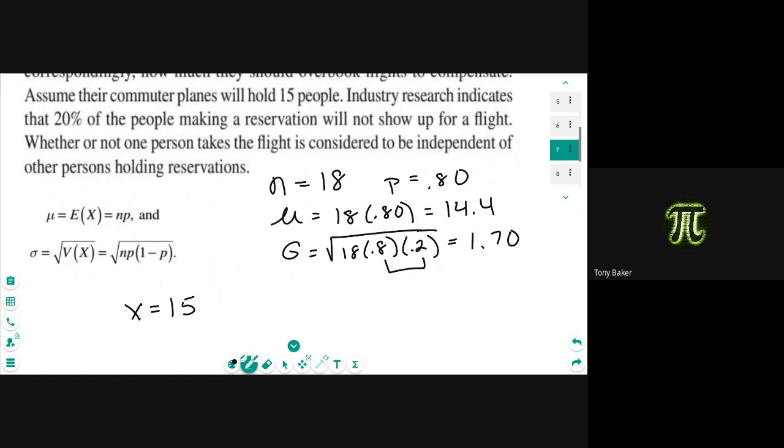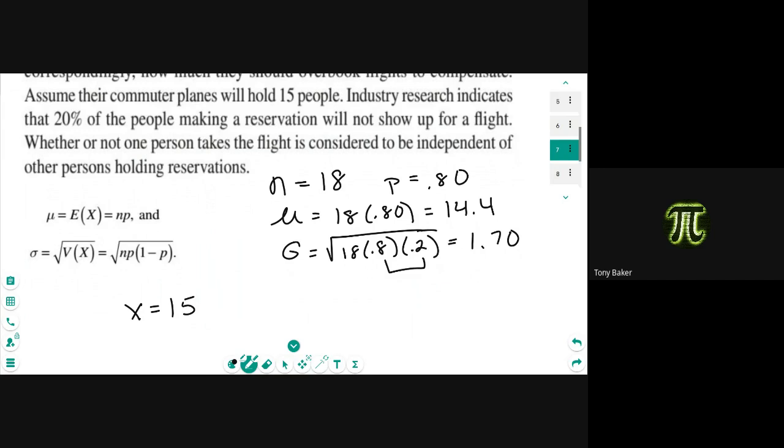So to be able to use this method, we have to apply a continuity correction. So instead of doing it at exactly 15, we're going to use 15.5 because I want bigger than that. 15.5 would represent the 16 number.